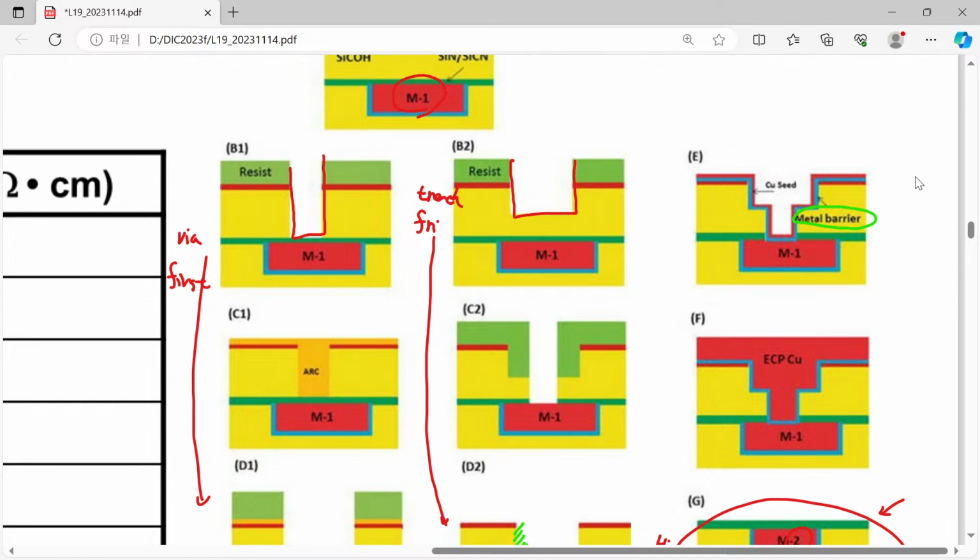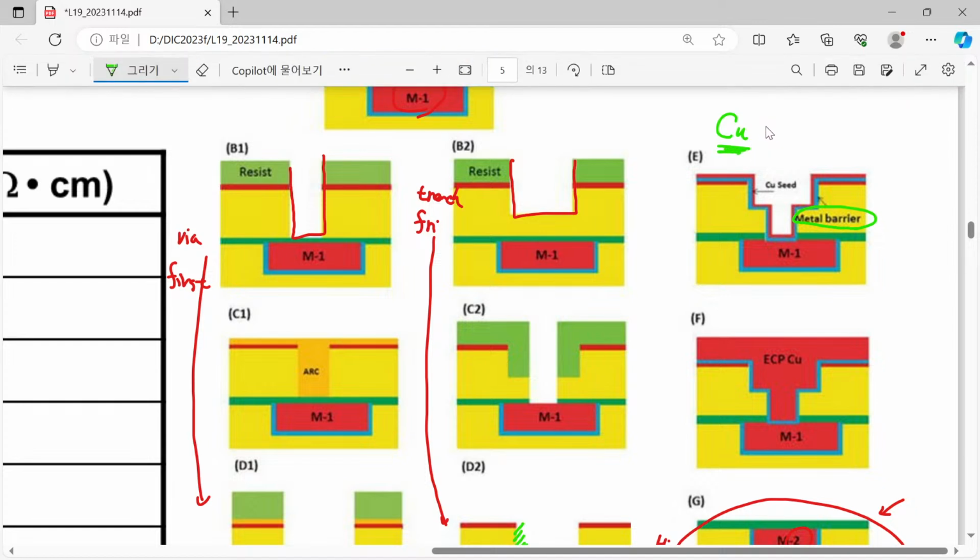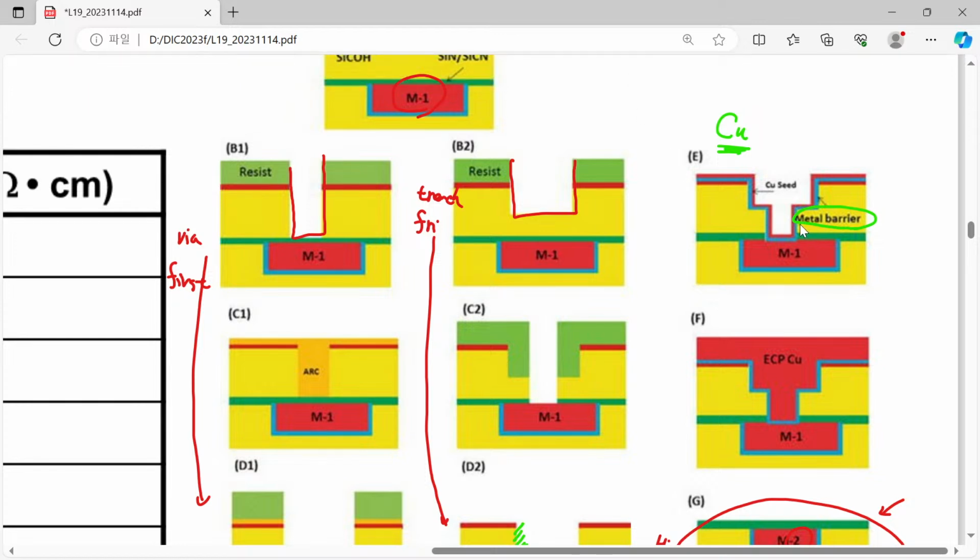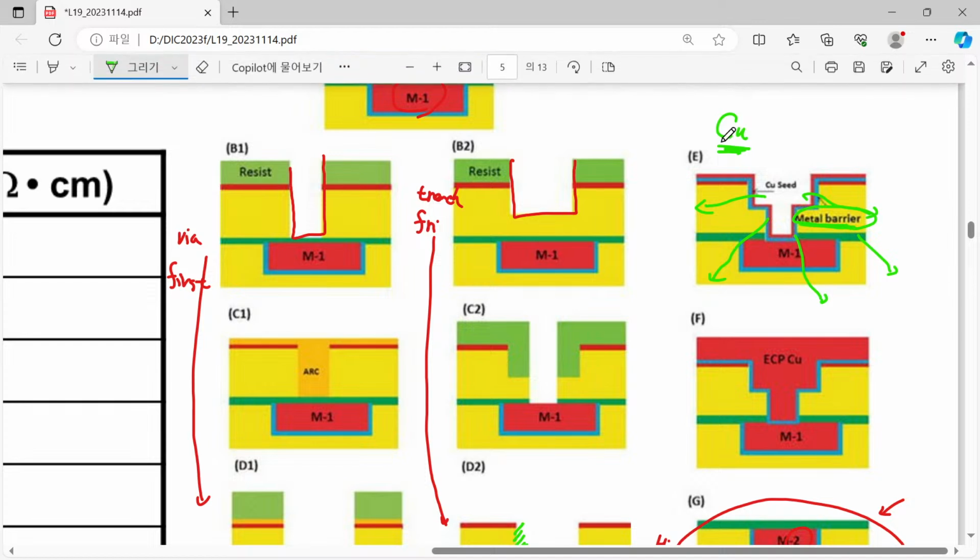It is used to prevent the copper atoms inside this metal part from escaping from that position, because copper is quite a good migrant into everywhere. So if we don't introduce this kind of specialized material, barrier metal, it will propagate or diffuse over our chip. So eventually when it touches our silicon material, it will become a contamination source.